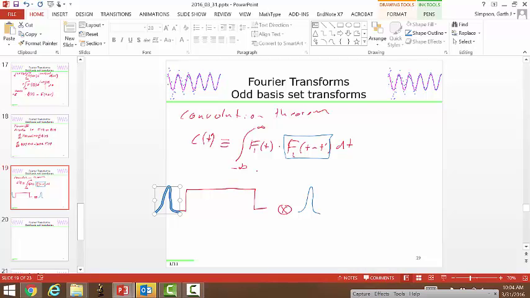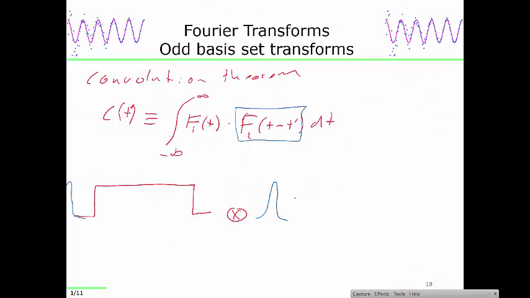So what is the net result going to be? The net result, qualitatively, is something that looks like that rectangle, but smoothed over, the integral of the Gaussian on the edges. And it's a little bit broader.